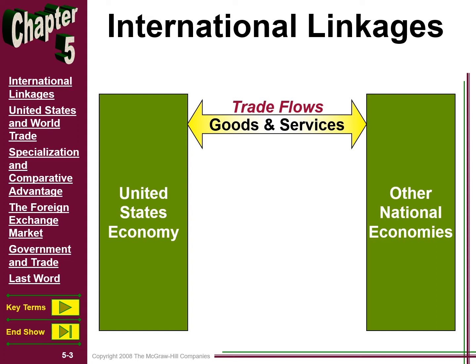The United States provides airline service to citizens around the globe. That's an export of a service. So we have exports, trade flows, goods and services that are produced domestically in the United States and sold to citizens in other parts of the globe.